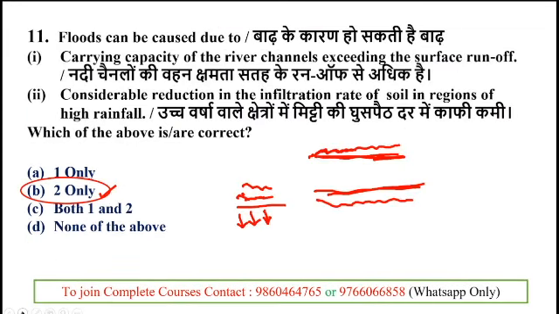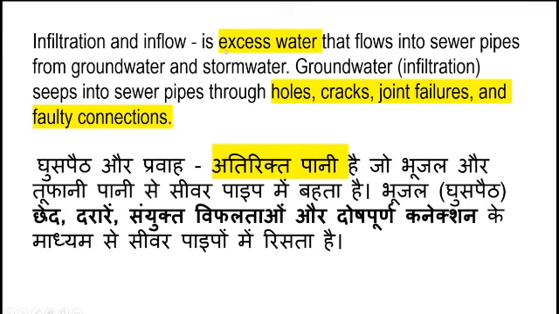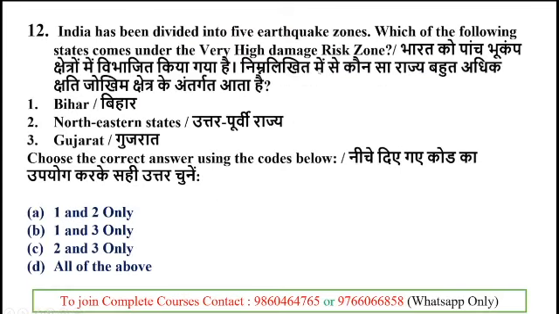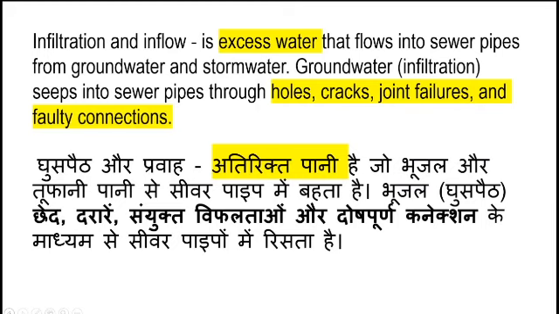Okay, so the infiltration and the inflow is related with the excess water that flows into the sewer pipes. Sewer pipe means the narrow pipes from groundwater and storm water.